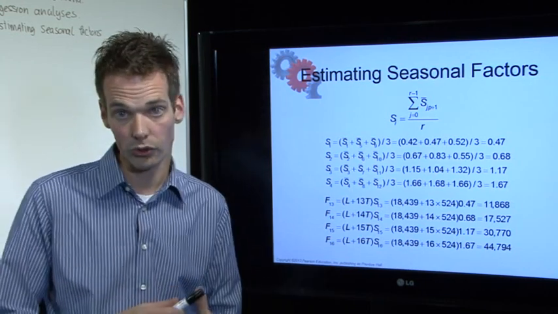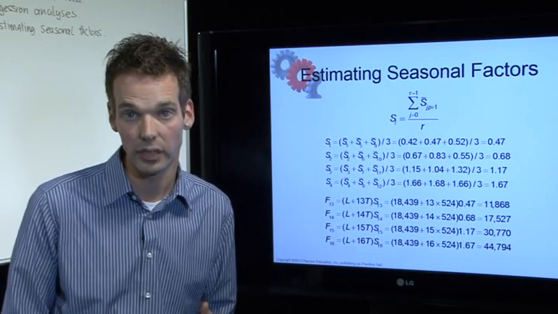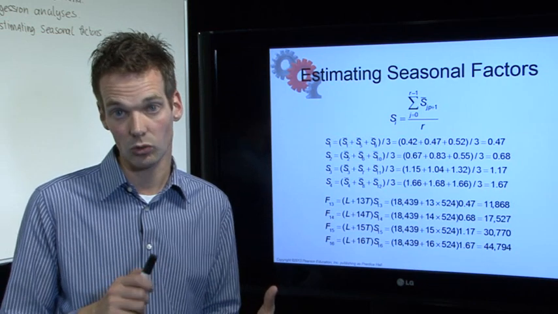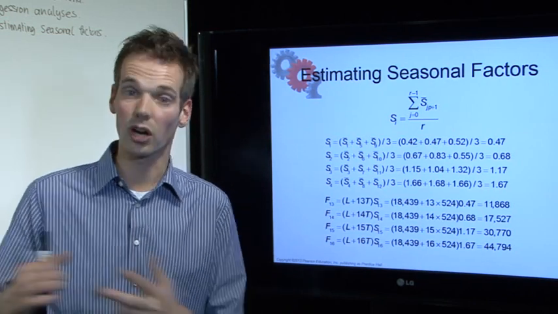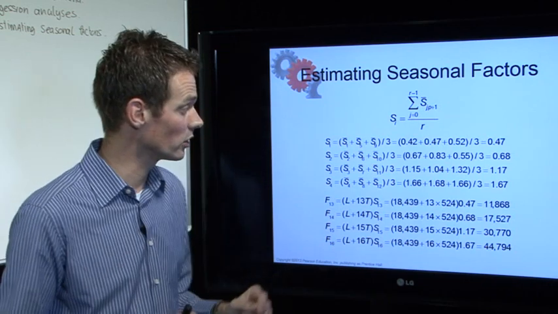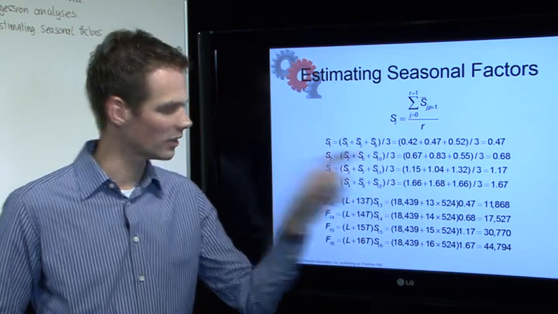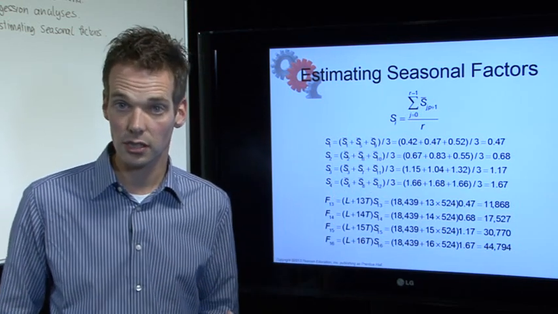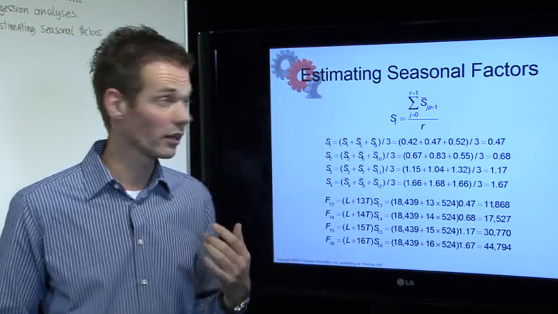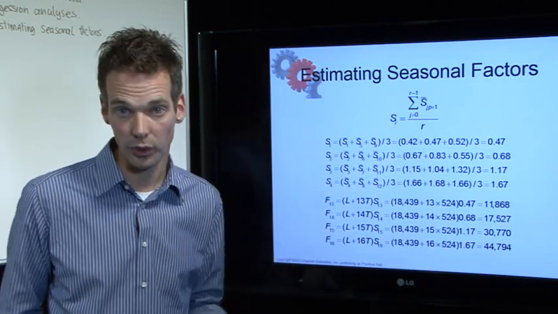The second quarter in the first year is the same as the second quarter in the second year, and is the same as the second quarter in the third year. Those are all in the same season. So what you do is you take the 2nd, the 6th and the 10th seasons, and that is what you divide by 3.